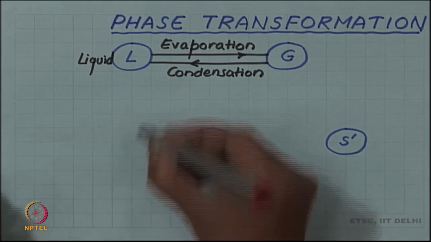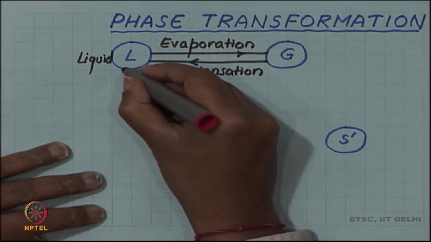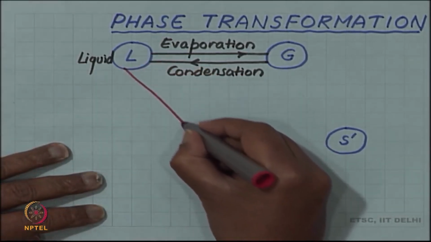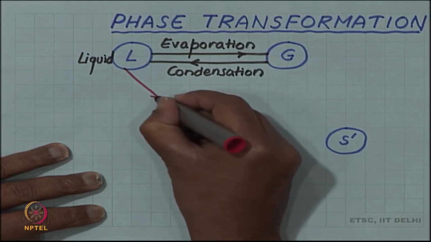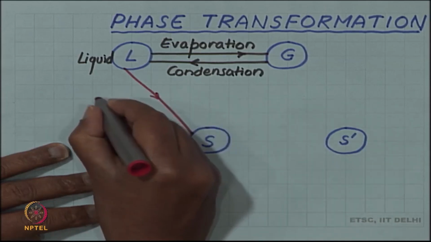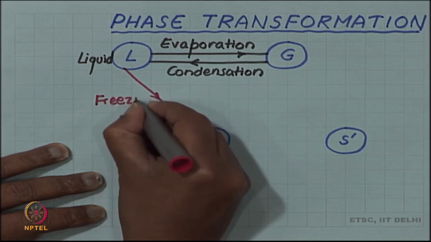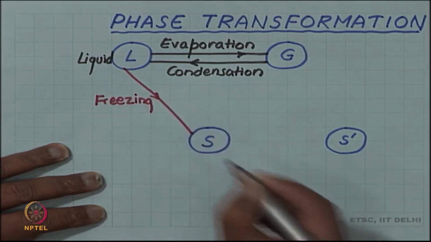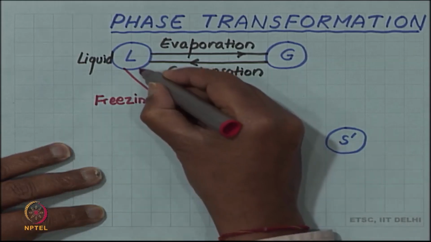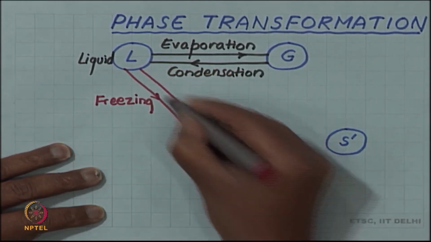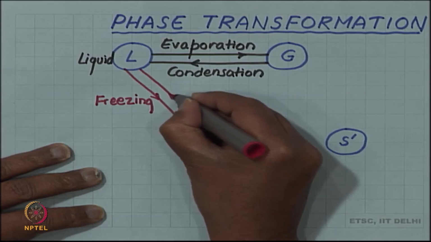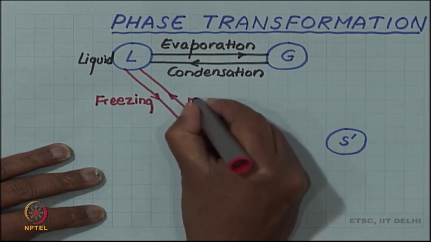A liquid can freeze into a solid. So, we have freezing. Or a solid can melt into liquid. So, we have melting.